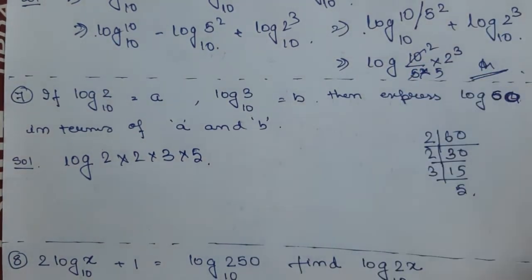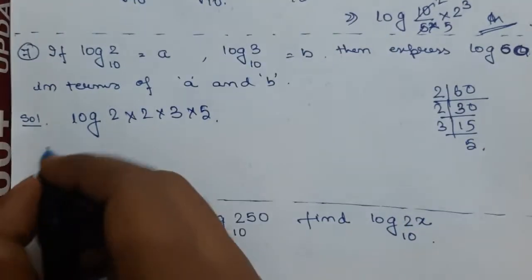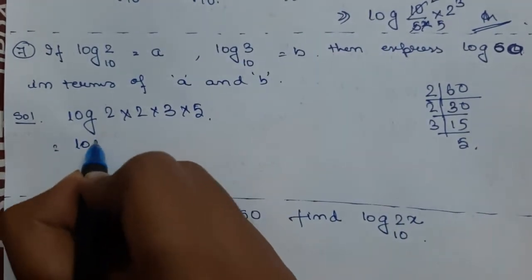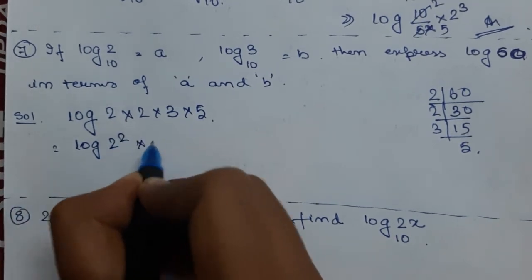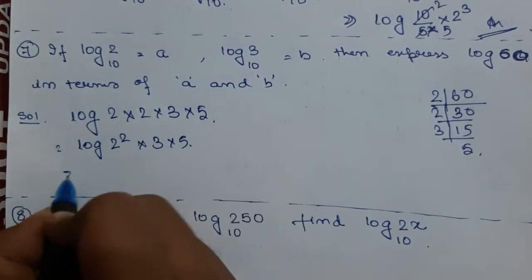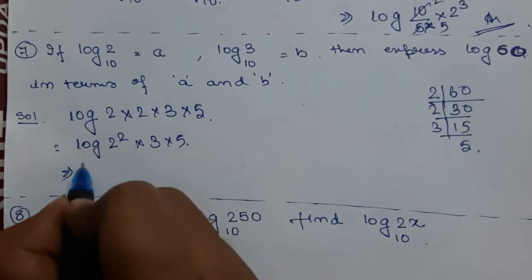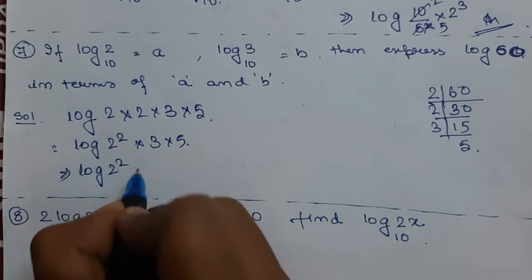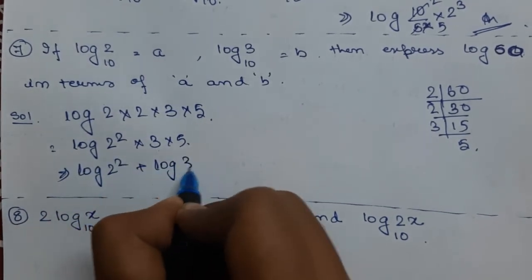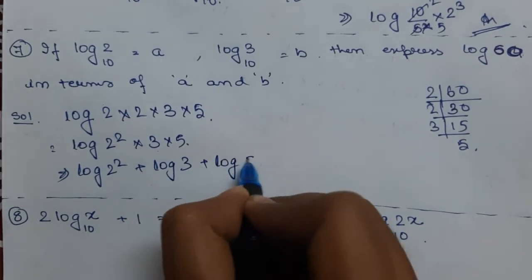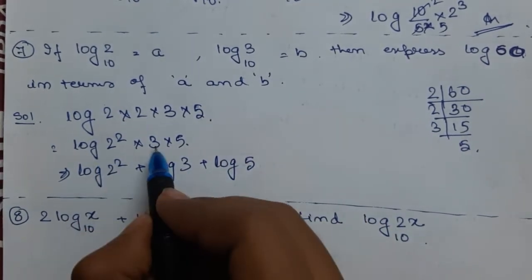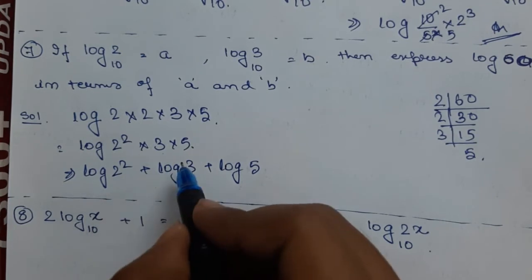Now what will most of the students do wrong here? Let me tell you first. Most of the students will do it as 2 square into 3 into 5, and for multiplication we can write it, we will get this, right? Log 3 plus log 5. This is the property, like when log of a into b, we can write it as log of a plus log of b.